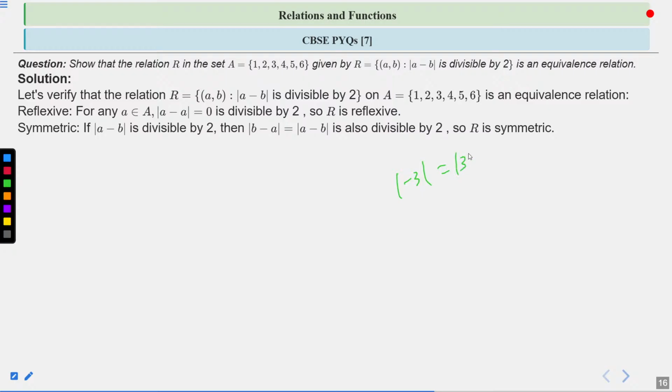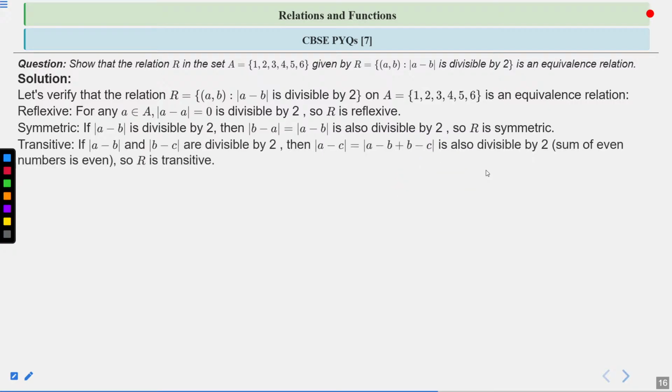So the absolute value of a negative number will be equal to the absolute value of the same positive number. So if the absolute value of b minus a is divisible by 2, then the absolute value of a minus b is also divisible by 2. So R is symmetric also. Got it? So let us talk about transitivity.